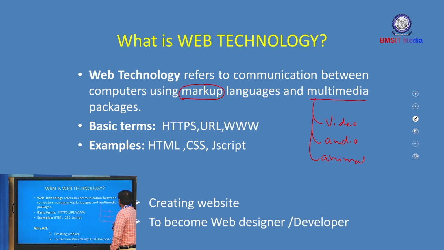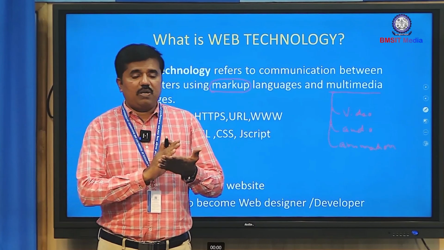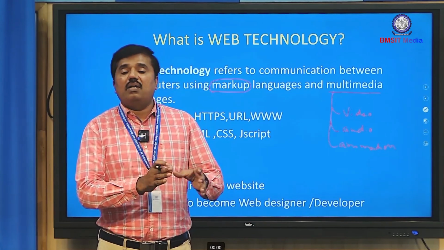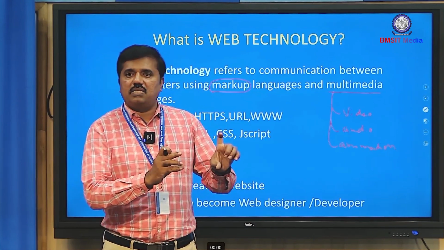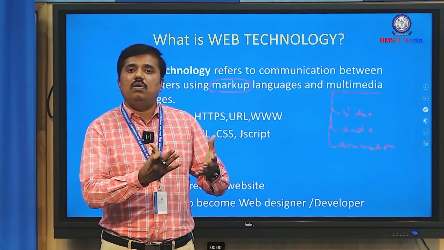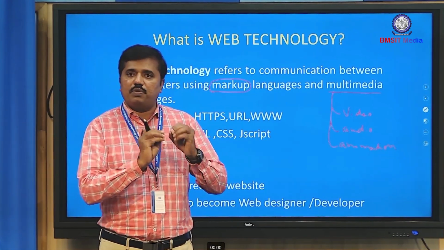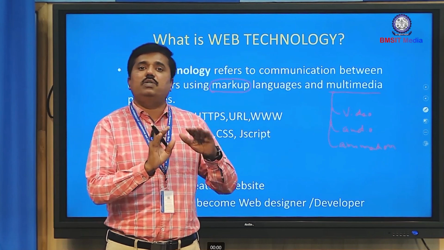On combining all these multiple media, we could develop one website. You might see any e-commerce website, like Flipkart or Amazon, with millions of pages, and on each page you will get audio and video, not only text. This can happen only if you use web technology tools.